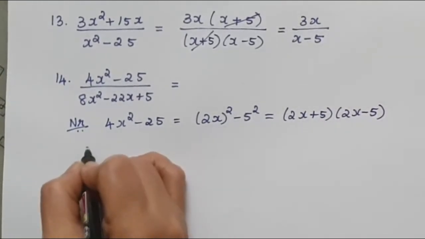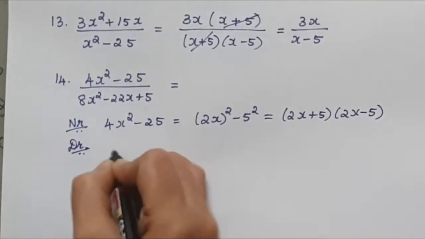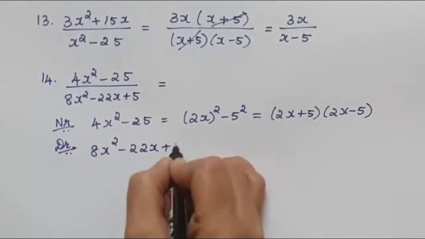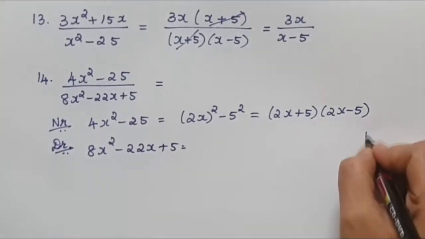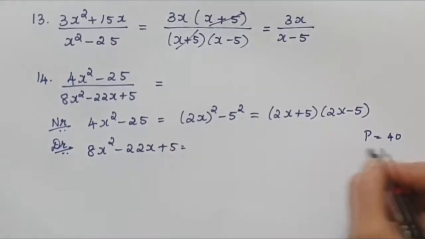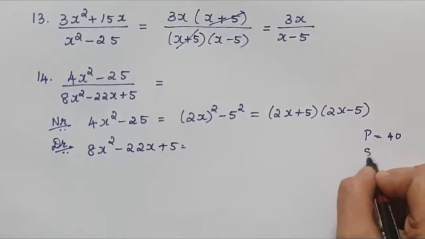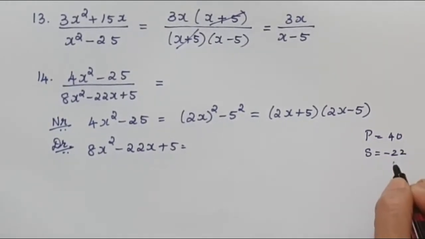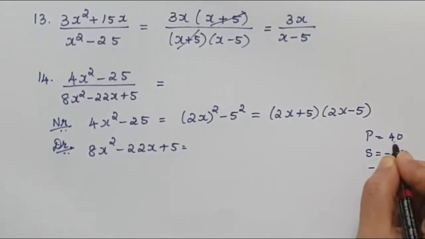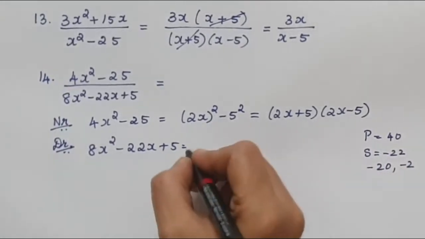Now for this denominator, 8x square minus 22x plus 5, the product is 8 times 5, which is 40. The middle term is the sum, the sum is minus 22. So now minus 20 and minus 2. When you multiply, it is 40. When you add, it is minus 22.